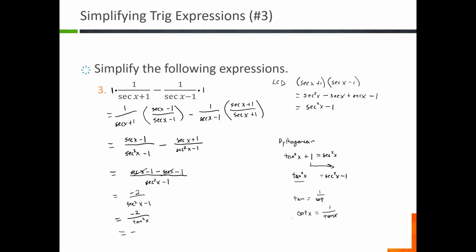So I could leave the minus 2 where it's at, but I could rewrite the over tangent squared as just a cotangent squared. Okay, you don't necessarily have to do this step. You could leave it as the fraction, but usually we like to not have fractions if we don't have to. So I would say our final answer is a negative 2 times the cotangent squared of x. Again, that was a little harder because we had the fractions in there and we haven't used one of the secant squared, tangent squared identities yet, but that's how we could.